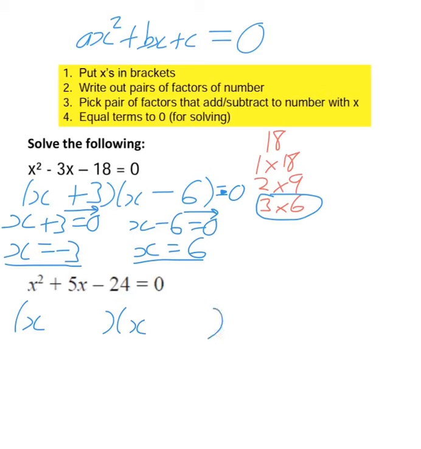Now I'm going to write out the pairs of factors of 24. So 1 times 24, 2 times 12, 3 times 8, and 4 times 6. Now, I need a pair of factors that would get me plus 5. So I'll go with 3 and 8.